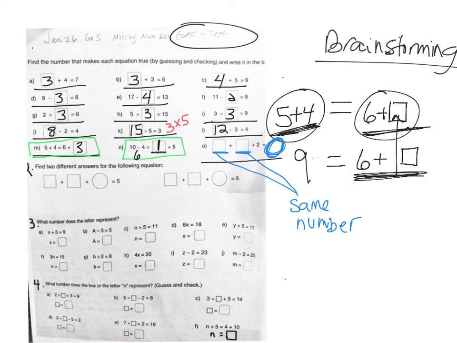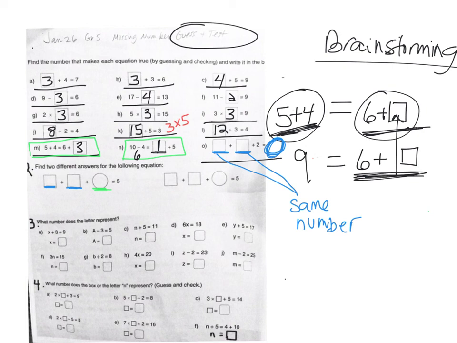All right, let's take a look at number 2. Number 2 uses the same idea. A number plus itself again, plus a different number. The same one number plus itself plus a different number equals 5.